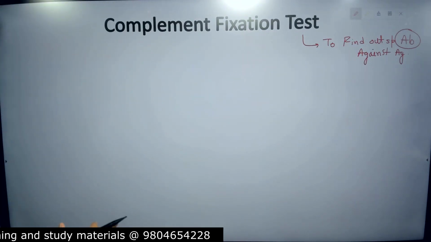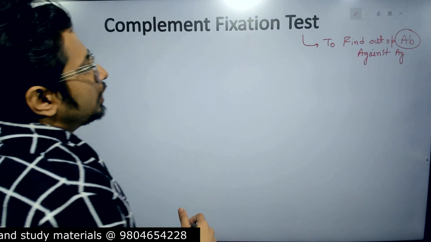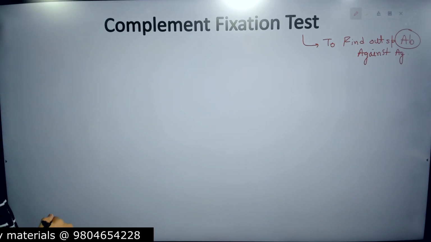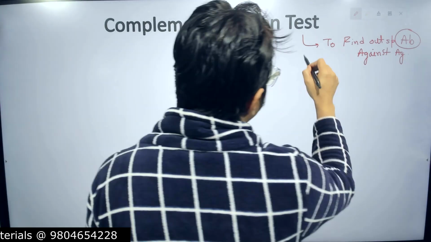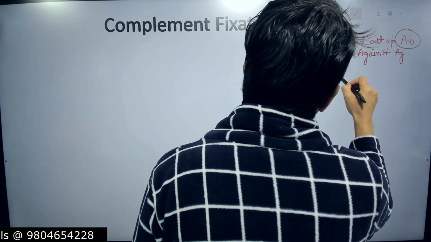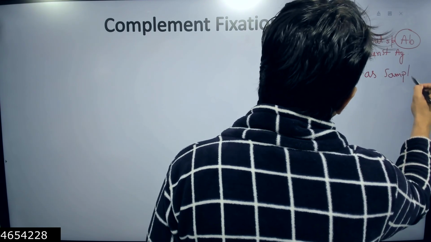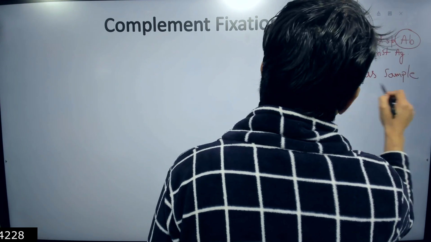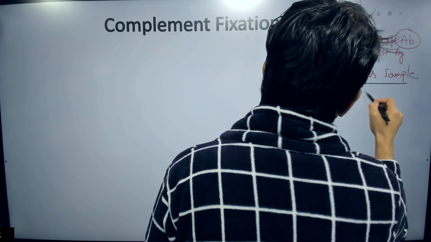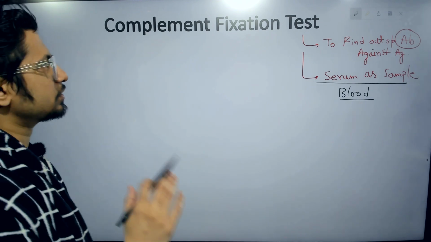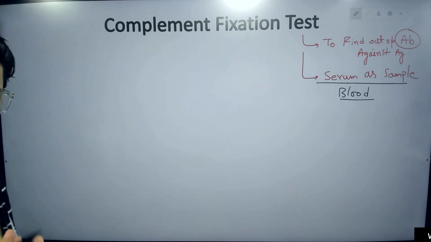That is what we want to figure out. And to do that, we need serum as a sample. We need to take serum from patients, which is done through blood. Obviously blood is drawn, and from the blood we can separate the serum out and continue the process of the complement fixation test.